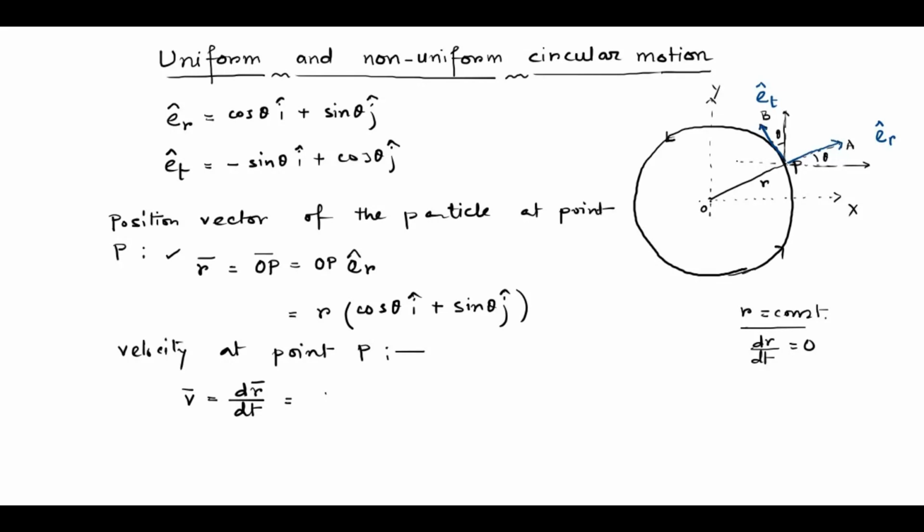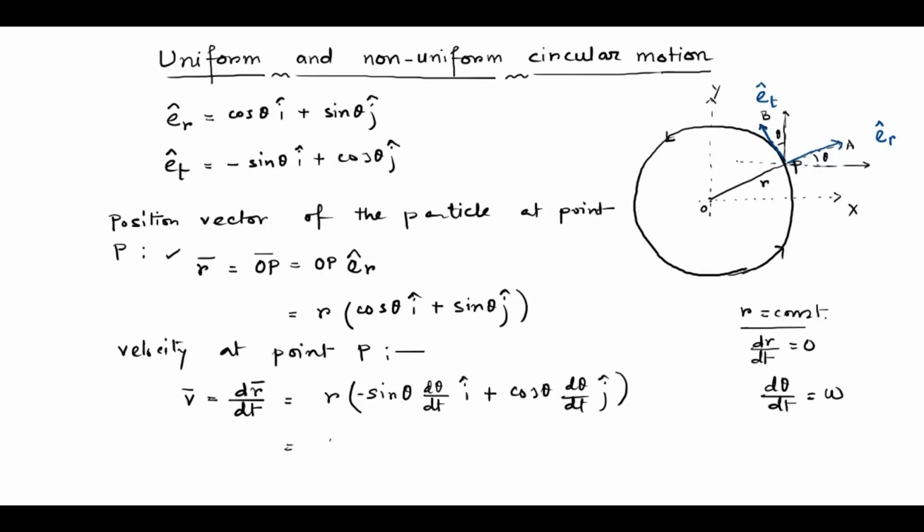So only the derivative of the sin theta and cos theta function remains: minus sin theta d theta by dt i hat plus cos theta d theta by dt j hat. We know d theta by dt is our angular velocity omega.